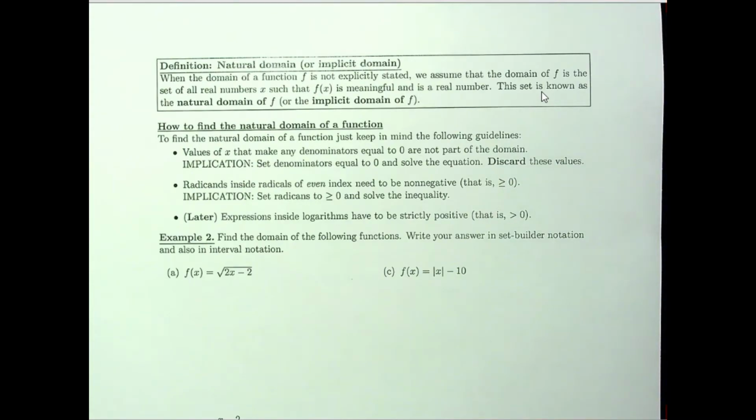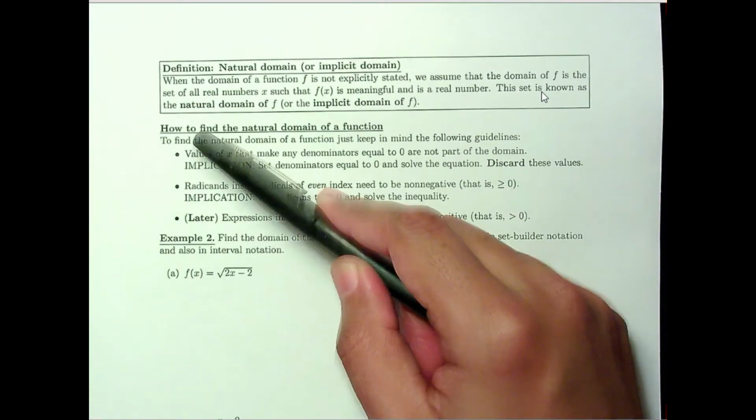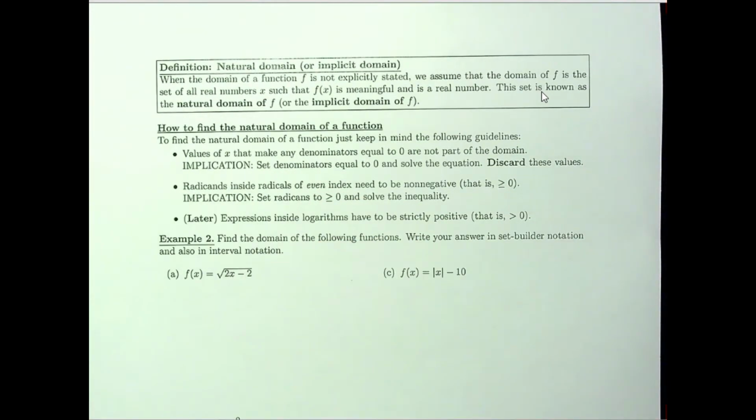There's a guideline, though, for figuring out what is the natural domain of a function. The guideline is to go through these 3 bullet points. Now, for now, we're only going to focus on the first 2 because the third bullet point is about a topic that we have not discussed yet, which is logarithms.